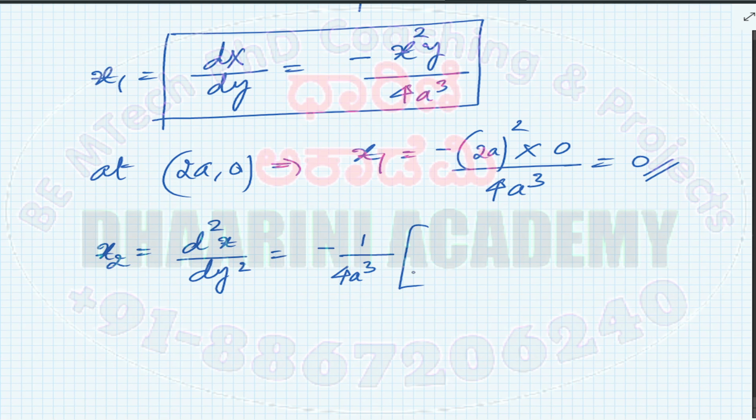Then I have x square y. So it's a product. Differentiate: first function as it is, differentiation of y with respect to y is 1. Then plus, keep the second function y as it is, into differentiation of x square, which is 2x into x1. This is my term.